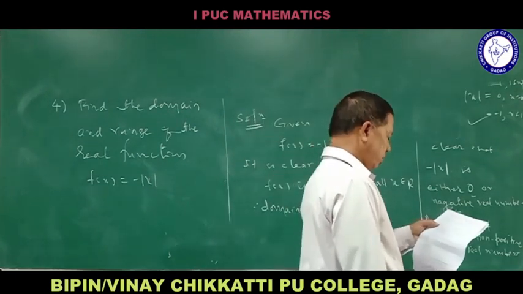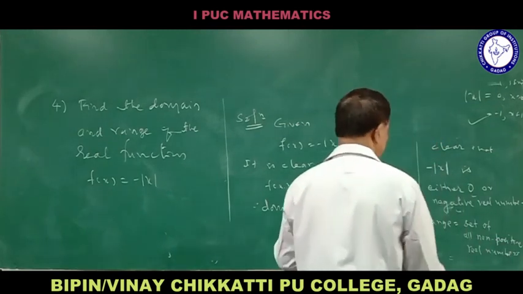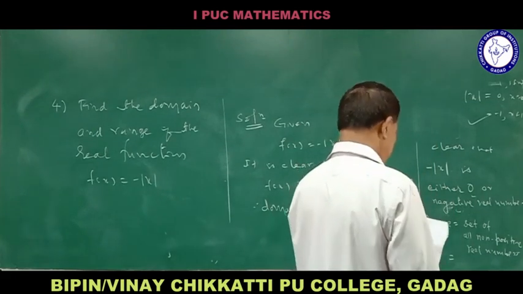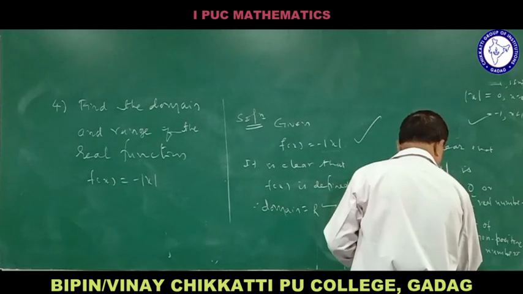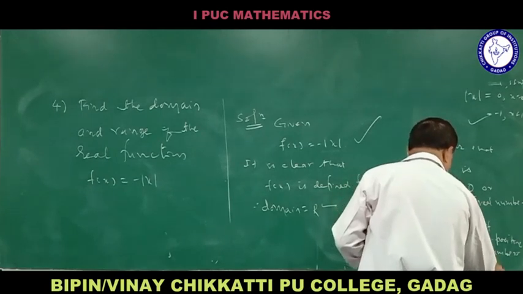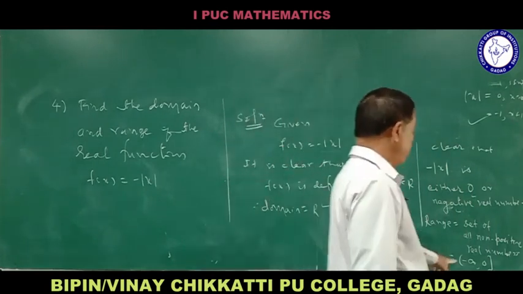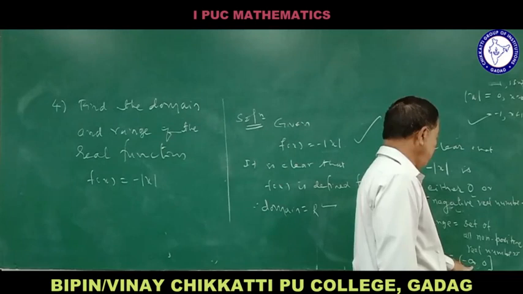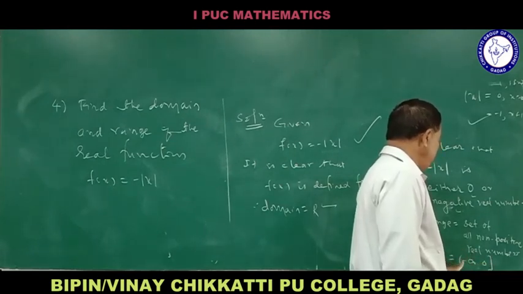And when you see this result, what is the range? The set of all non-positive numbers including 0, that is, the open bracket minus infinity to 0, and here we write the closed bracket at 0. 0 is closed, it may be equal to 0, and minus infinity is not included.